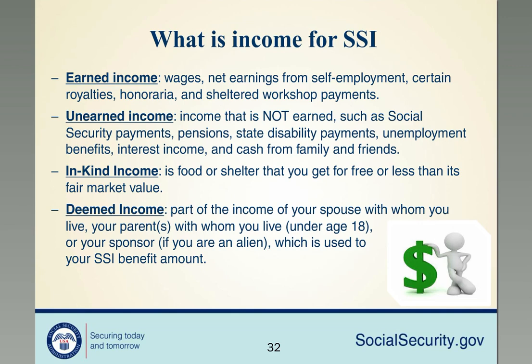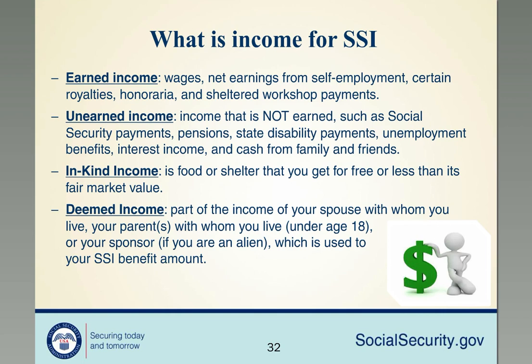Then we have the concept of in-kind income. Is anybody giving you these things? Is anybody giving you food, or is anybody providing you shelter? That can lower the value that you're going to get from our needs-based benefit. The 4th type of income that we're going to look at is deemed income. If you are an adult and you're married, does your spouse bring in any income?